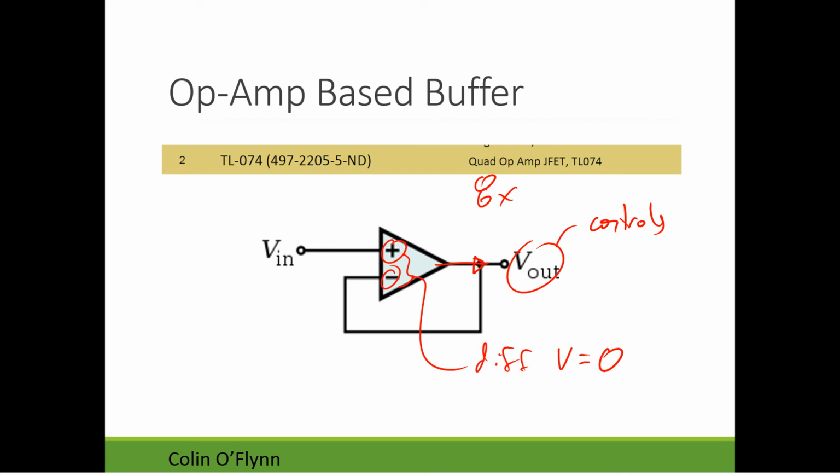It doesn't actually care. It's simply going to try changing the output voltage until it matches the input. So in this configuration, what you end up with is a very simple buffer where whatever voltage you put in at the input equals the voltage at the output. So we just have V out equals V in. So it looks almost like an ideal buffer circuit.